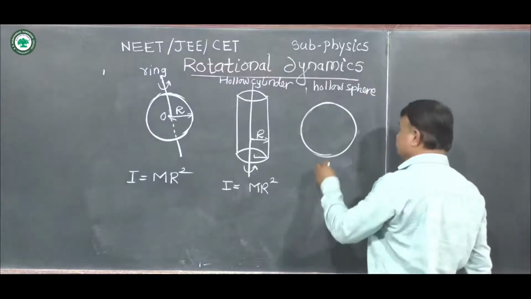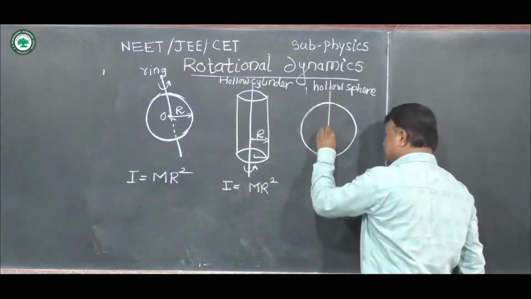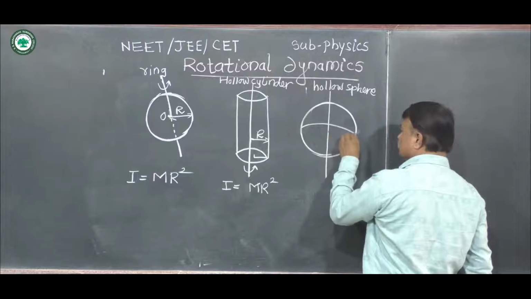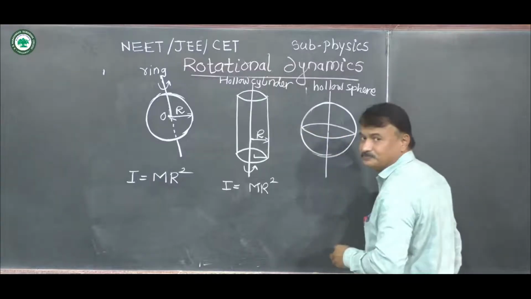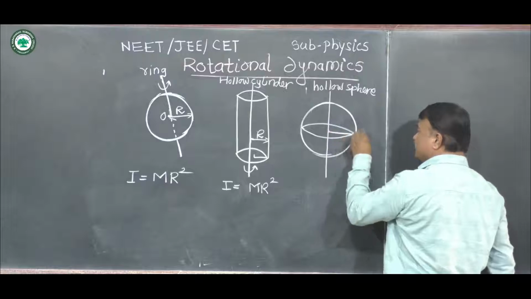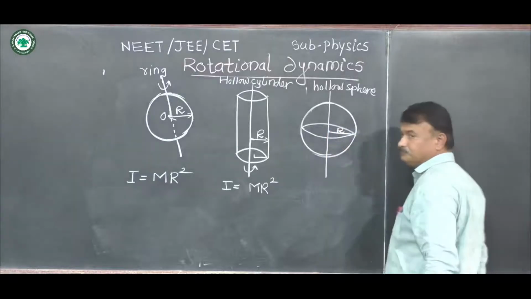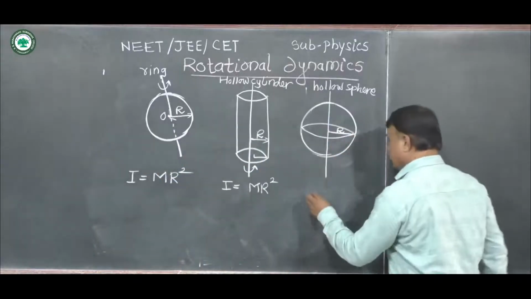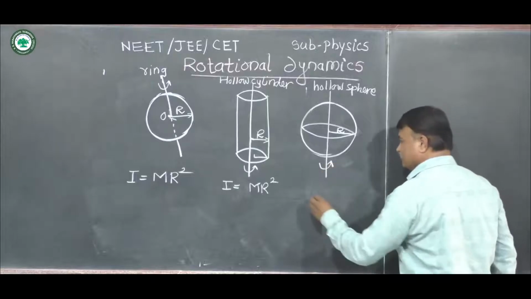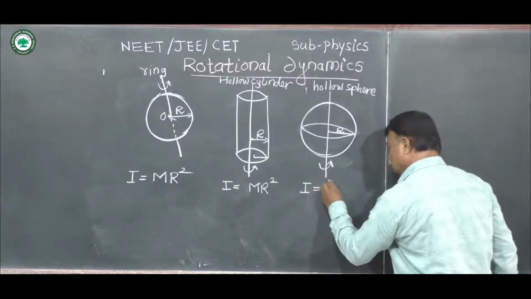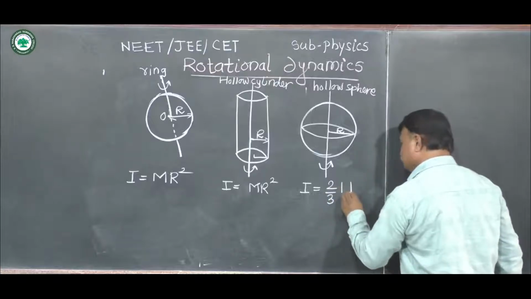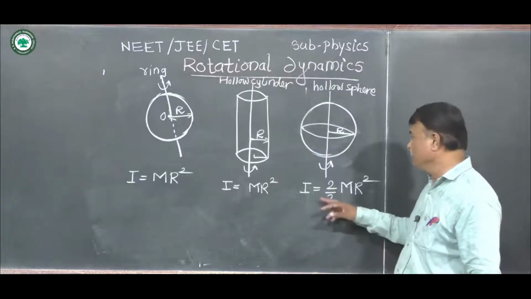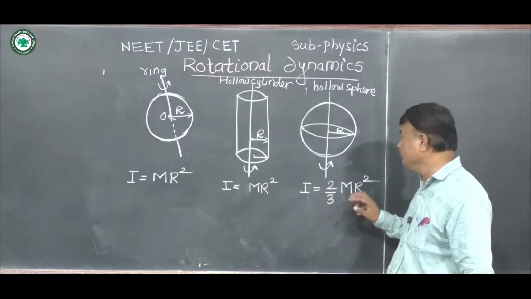If this hollow sphere is rotating about this axis, and we consider the central thin uniform ring like this, having radius say capital R, then its moment of inertia about this axis is I equal to 2 by 3 MR square. So its moment of inertia is 2 by 3 MR square.